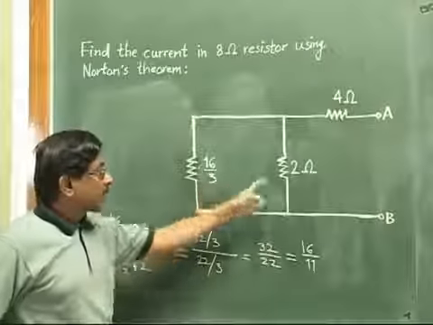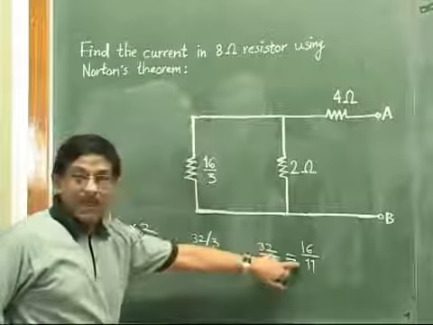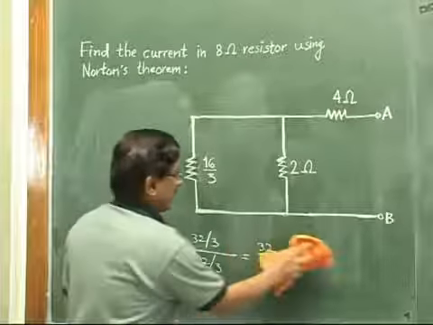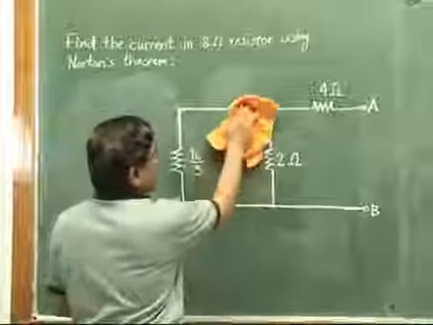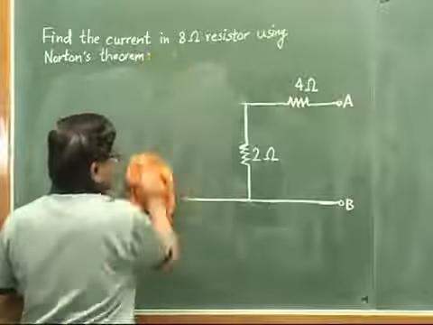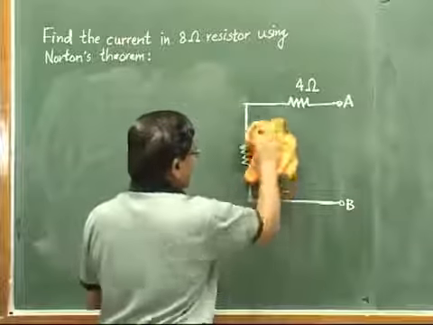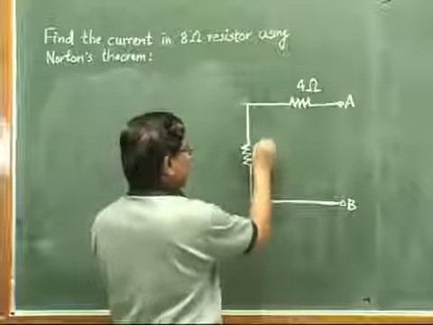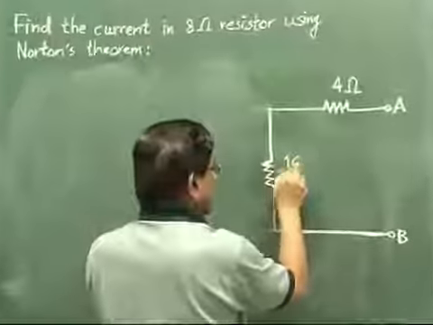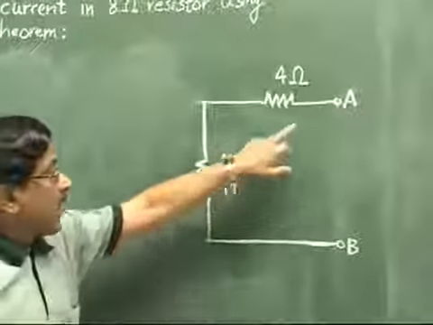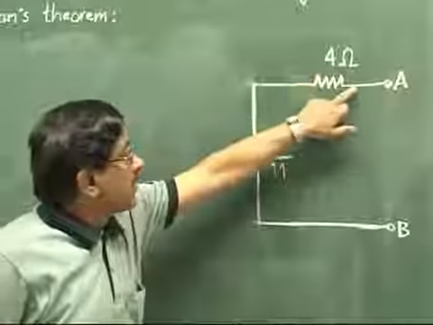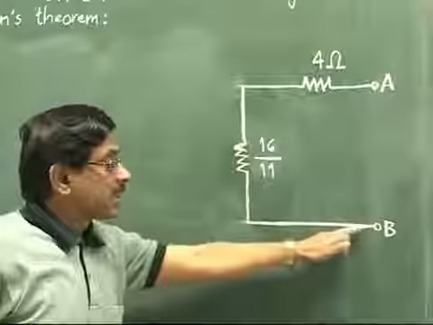So we can now replace both these resistances with the single equivalent value 16 by 11. Okay. So the circuit will be reduced like this. Instead of these two, one resistance of 16 by 11. So this value I write here, 16 by 11. And one more job now. See here, across these 2 points, this 4 ohm is just coming in series with this 16 by 11.